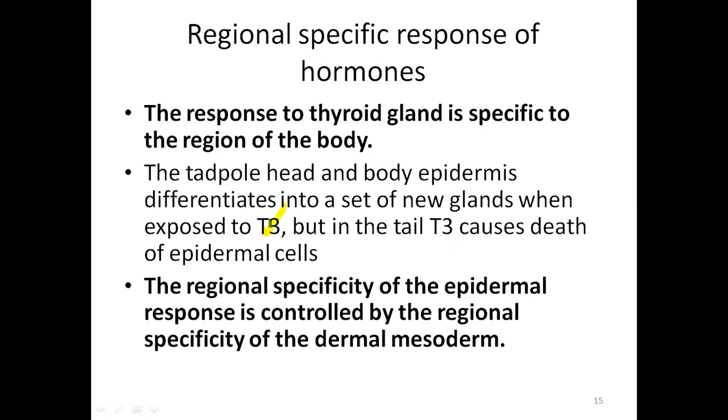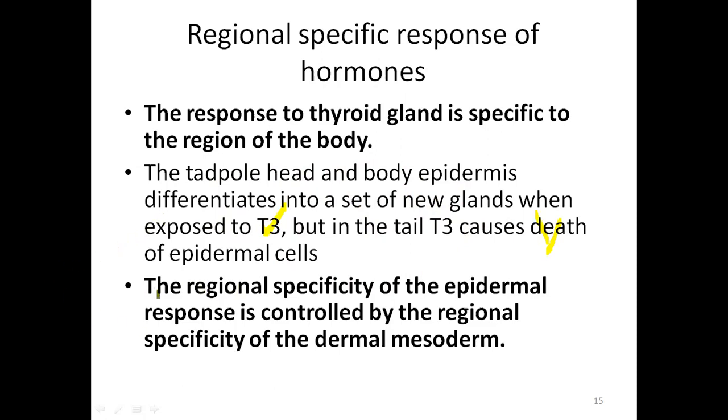When T3 is present in the head and body epidermal regions, there is formation of new glands. But the same T3, when it is present in the tail region, causes death of the tail cells, resulting in disintegration of the tail region. The same hormone brings about two different responses in two different tissues.